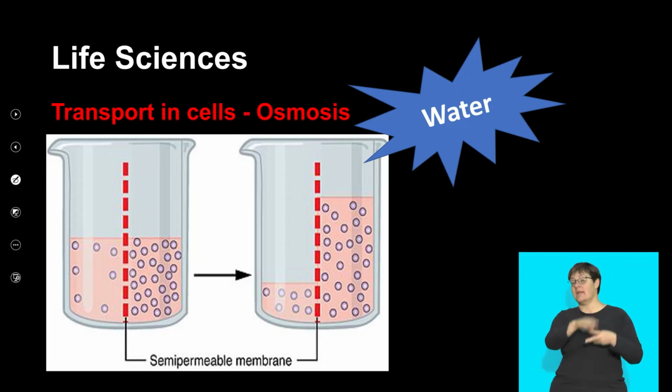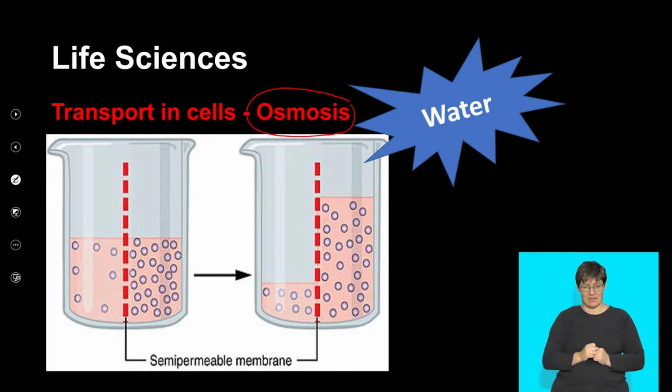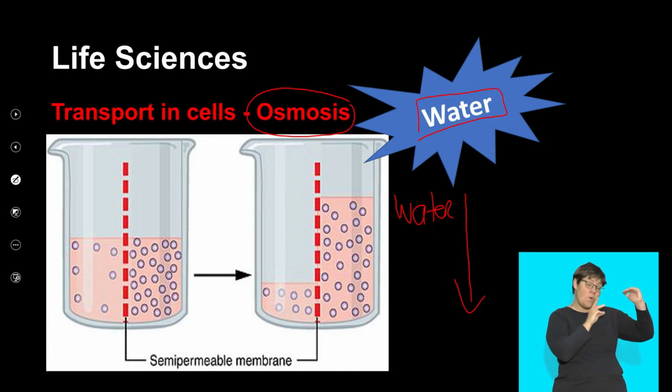The next concept is osmosis. We follow the same concept, where we're going to move water. Now this is really important. Water must move from a high concentration to a low concentration.